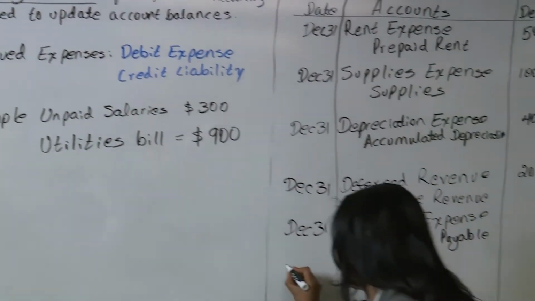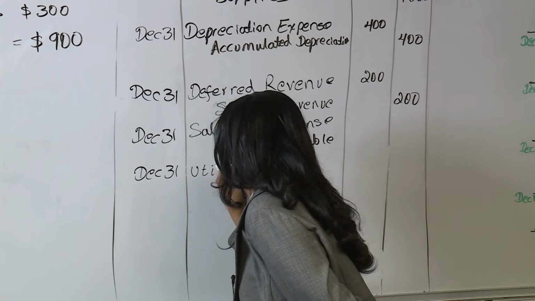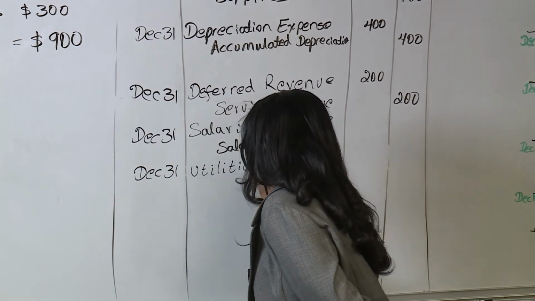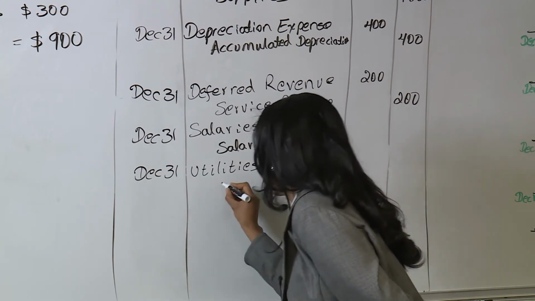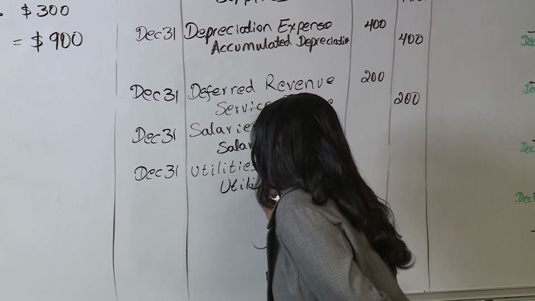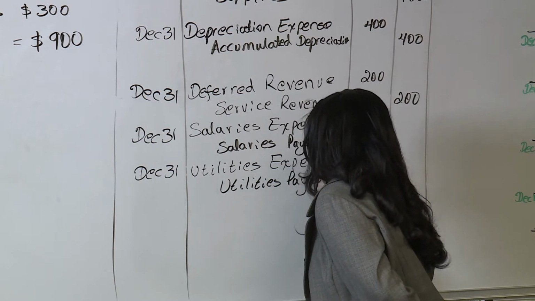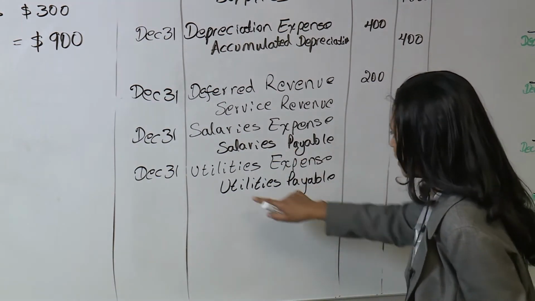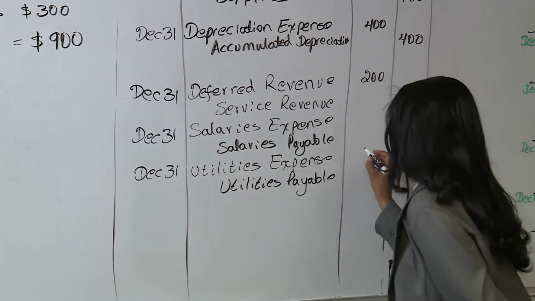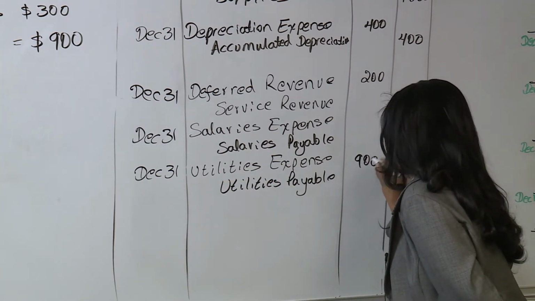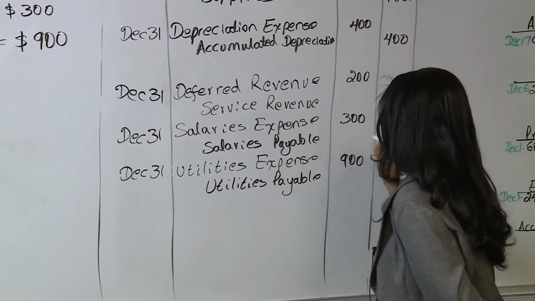So December 31st, utilities expense debit, and utilities payable, which is the liability account. Again, payable, except the name: salaries there, utilities here, for $900. Oh, I did write the 300 here.